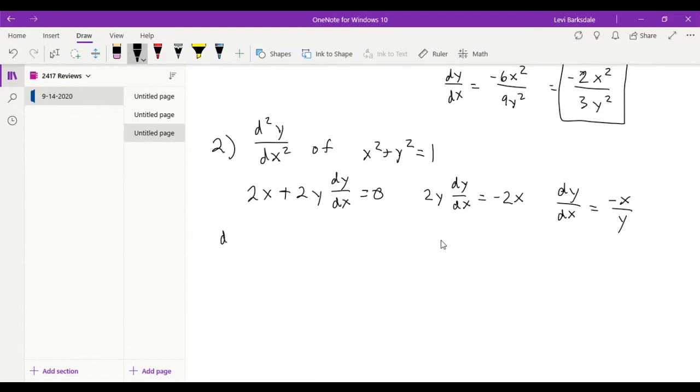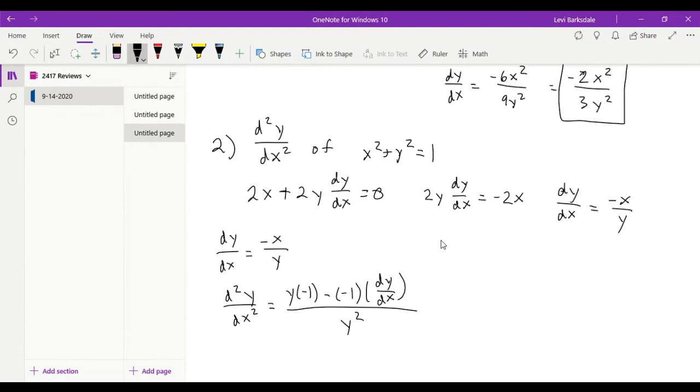So then if we wanted to find our second derivative, we need to take the derivative of our first derivative. And we get d squared y over dx squared is equal to, in this case we'll have to use the quotient rule. That's going to be the low, that's on the bottom, times the derivative of the top, minus the top times the derivative of the bottom, divided by the bottom squared.